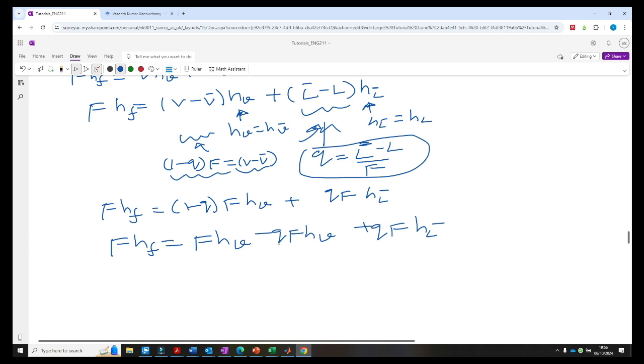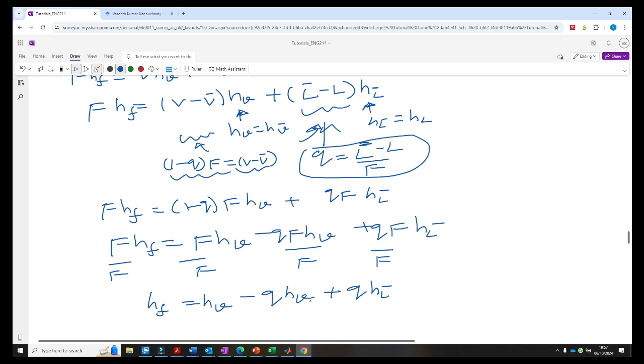We have F throughout the expression, so if we divide by F on both sides, we get a simpler version: HF equals H suffix V minus Q H suffix V plus Q into HL dash.